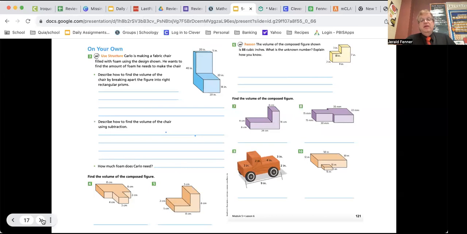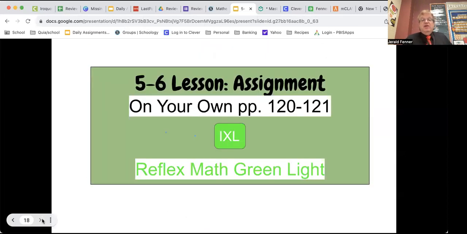Once again, it's just a matter of dividing the two rectangular prisms so that you end up with 2 separate rectangular prisms, then find the length, width, and height of each of them. So that concludes today's lesson. Please start working on page 120, 121. And after you have finished with that, you can start working on your IXLs and review number 5. Review number 6. And then also you could start working on module 5 review, which I gave you yesterday.